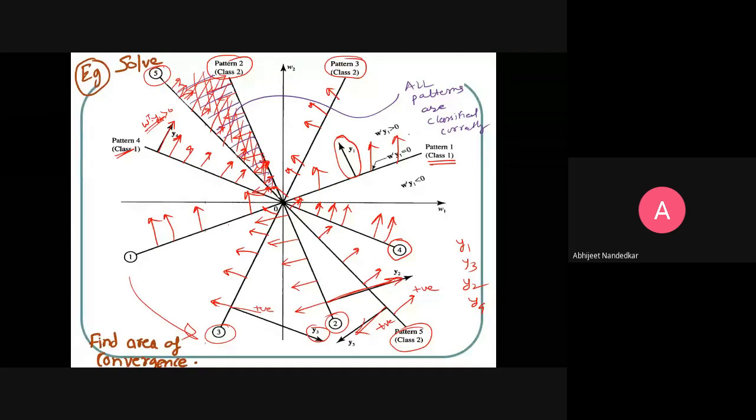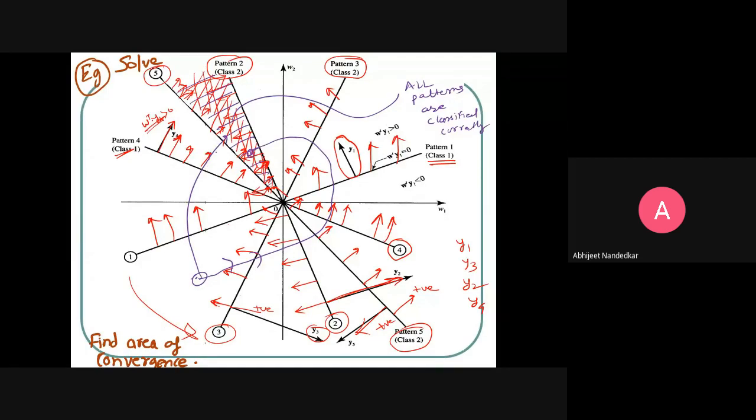Okay, so what happens is when you randomly assume weights, suppose my weights are here, then because you are presenting the patterns one by one, the weights will slowly move through different areas and land in this region. It may go in this direction or like this, depending on the sequence of patterns. Finally it will land in this shaded region, and once it does, no further training is required.